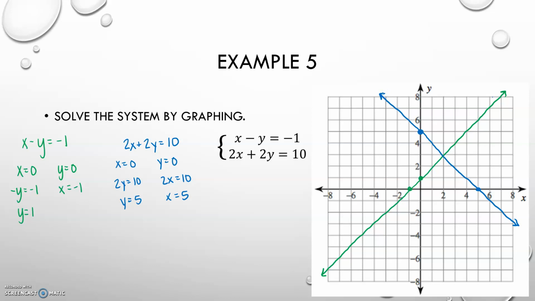When I look at where they cross, it looks like they cross right about here. So that's going to be the point 2, 3, and that would be my solution.